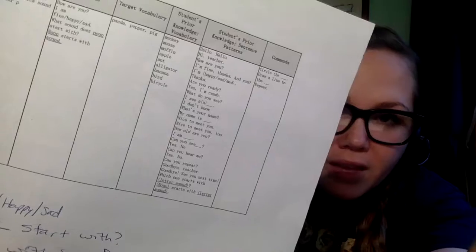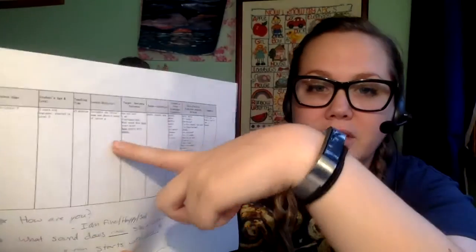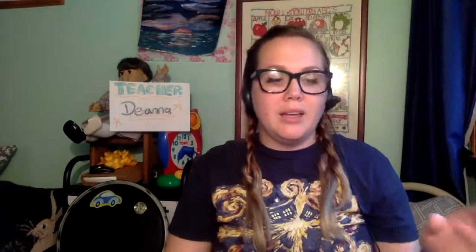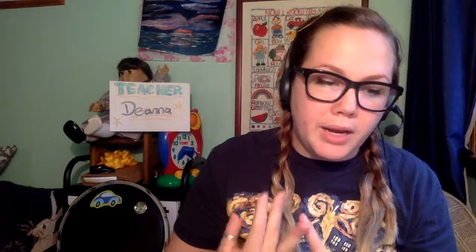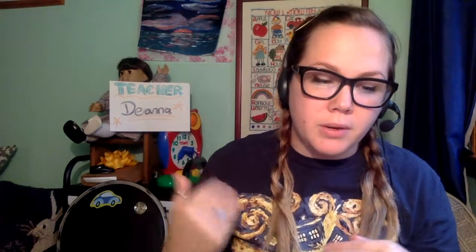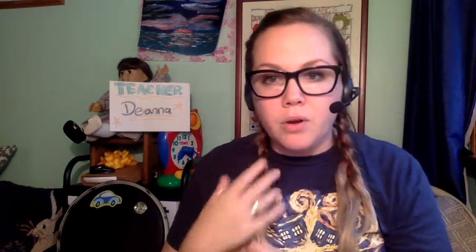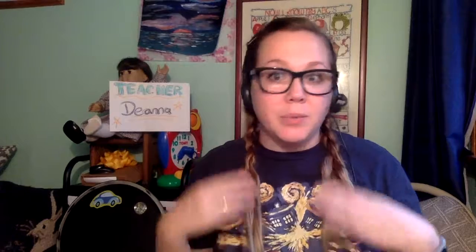So you can see everything that they already know here and here. And then also what you're teaching. So you can look at these and say, okay, well, they know hello. They know how are you? They know how to answer, are you ready? They know how to answer all of these questions, but maybe they don't know how to cross out. They don't know what cross out means, but you really want them to use cross out.